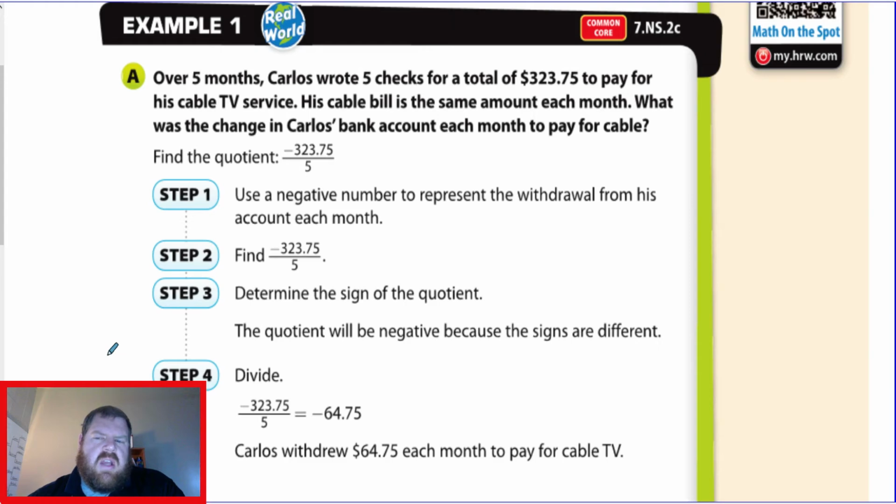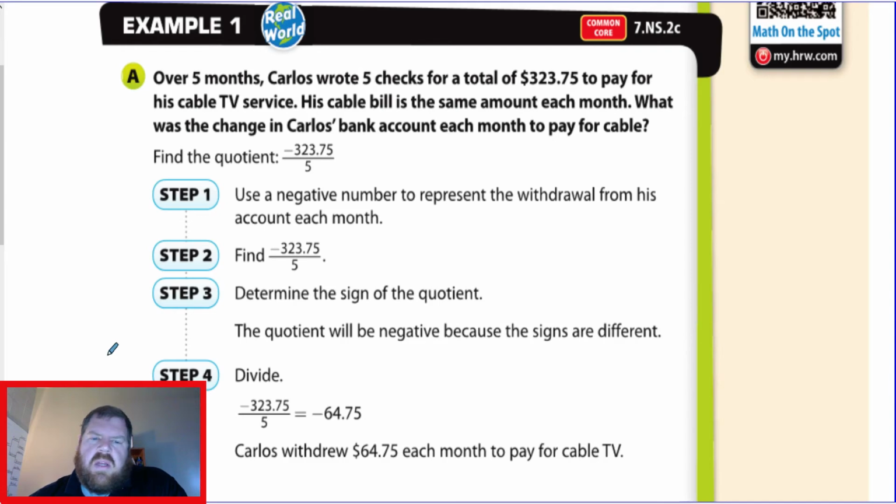His bill is the same each month, and then what was the change in Carlos's bank account each month to pay for cable? So the 323 is like a total over 5 months. And then that bill was the same every month, so we can divide it by 5 and see what we have to pay each month.